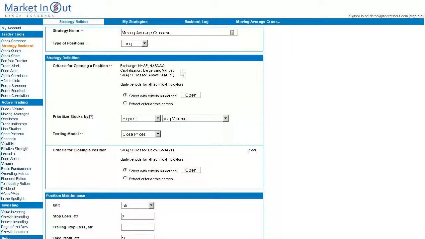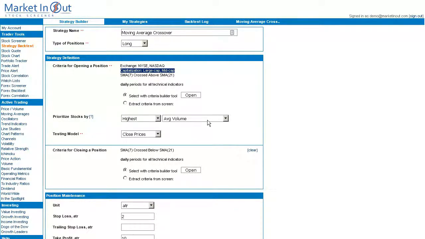Please note that it's important to have a capitalization or average volume criteria in your trading strategy. We want to build a strategy to deal with highly liquid stocks so that when we follow a trading strategy on the live market, we want to buy or sell orders that are easily executed.